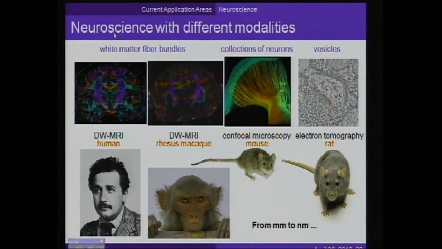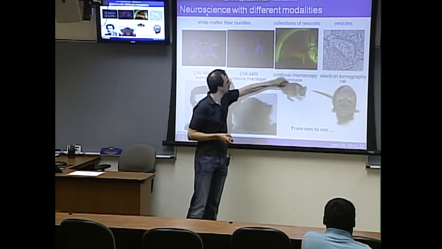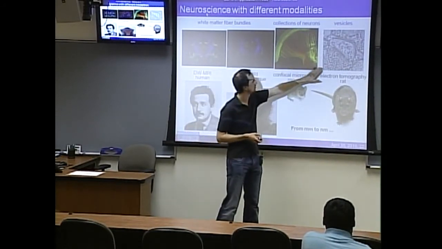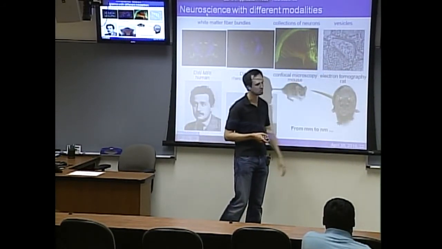So what you see here is a microscopy image, also of neurons. And while you're working here on a very macroscopic level, meaning that every voxel probably has millions of neurons going through it, you get a little bit better if you do microscopy, and you can get extremely good resolution, of course, if you do electron tomography.